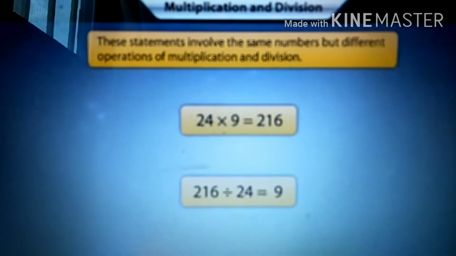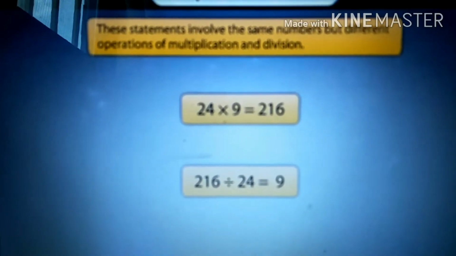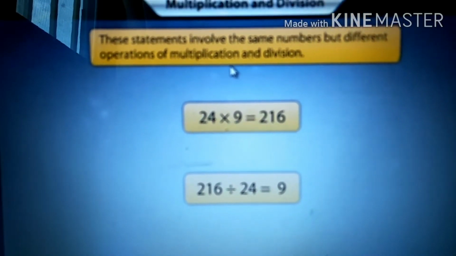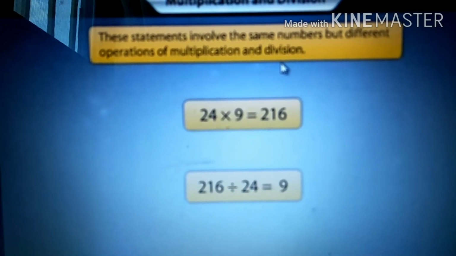These statements involve the same numbers but different operations of multiplication and division.